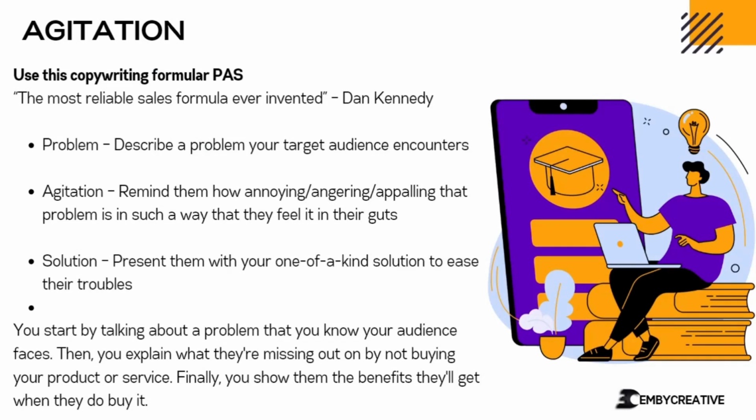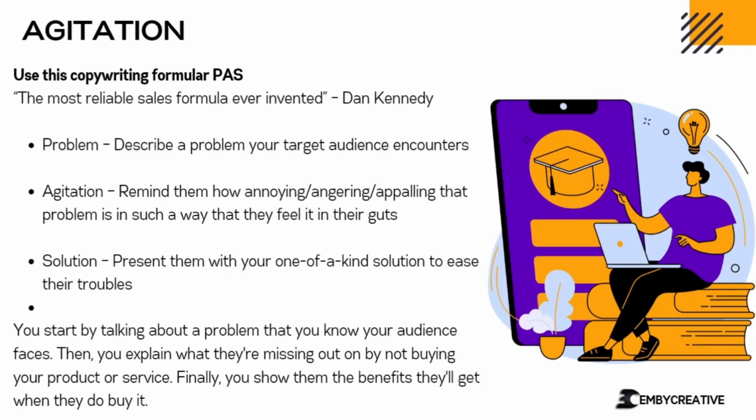In fact, what they are missing for not using your product, because your product is a solution to this problem. Present the problem to them, make them feel annoyed, and by so doing, you are pushing the idea to them that this is what you are missing for not using my product. And then lastly, you will present to them the solution, telling them the benefits of using your product.